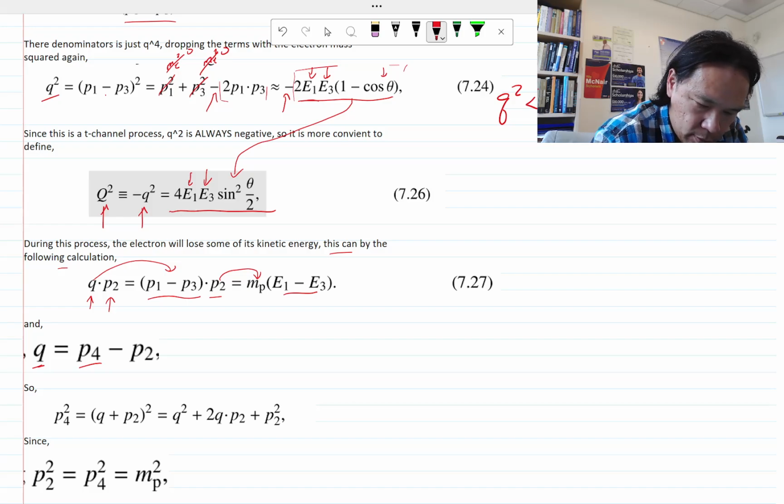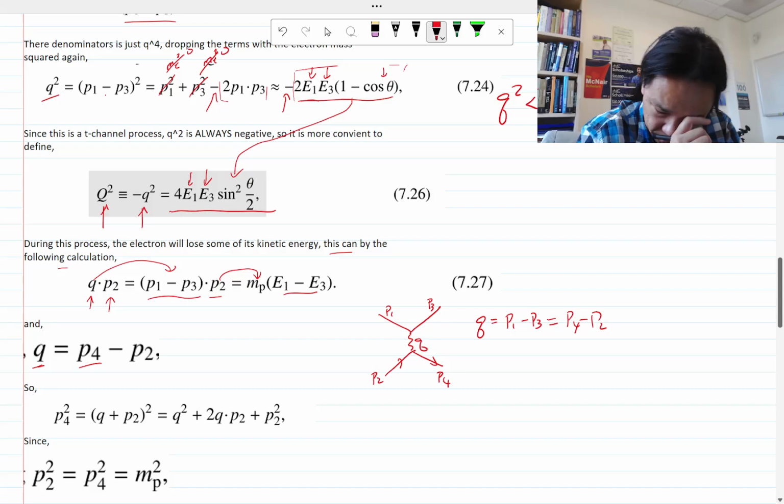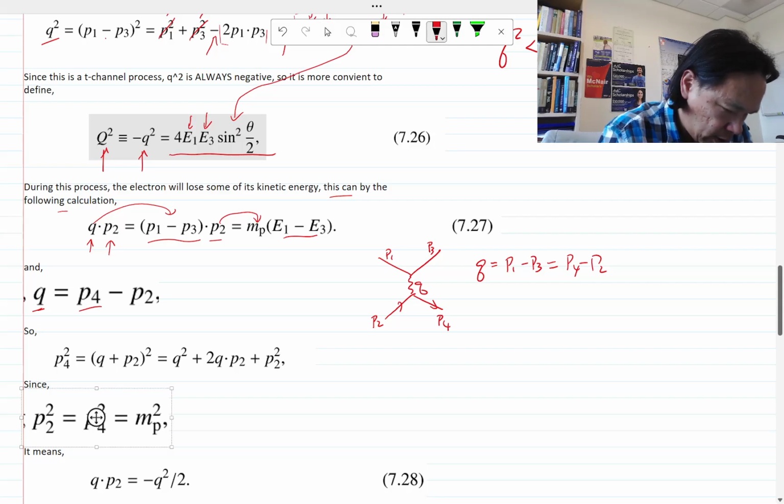From the kinematic drawing, once again, let's draw this again. It's nice to have this diagram everywhere. We have the electron coming in, P1, P3, at the photon exchange, P2, P4. This q is not just P1 minus P3, but it's also equal to P4 minus P2. So why am I doing this? We can solve this equation for P4, and then square it.